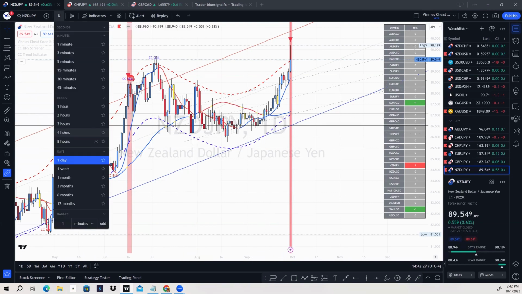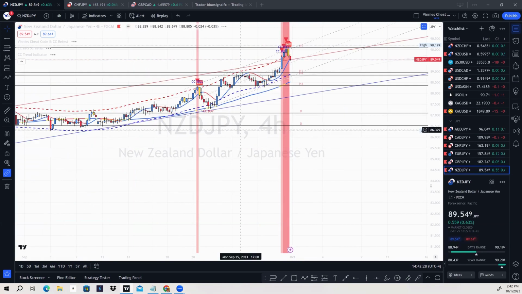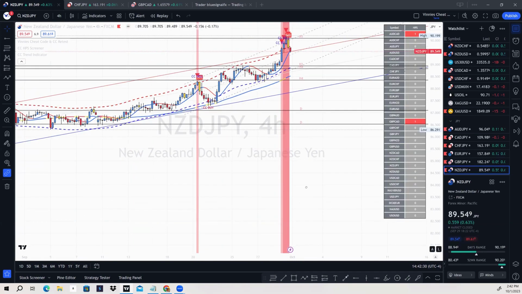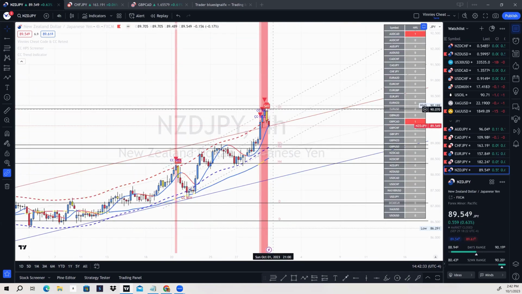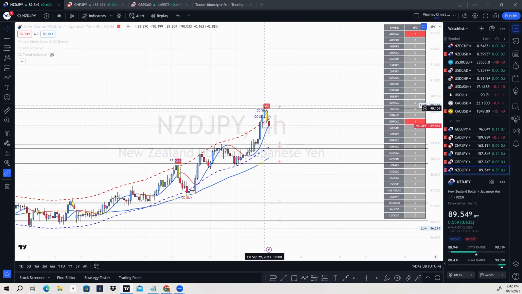Let's take a look at the 4-hour time frame real quick. On the 4-hour time frame, we already have a divergence sell, which is this red sell signal here. We are at a higher time frame resistance area, and we have a CC sell. Price is outside of the band, giving us an extreme in the market.